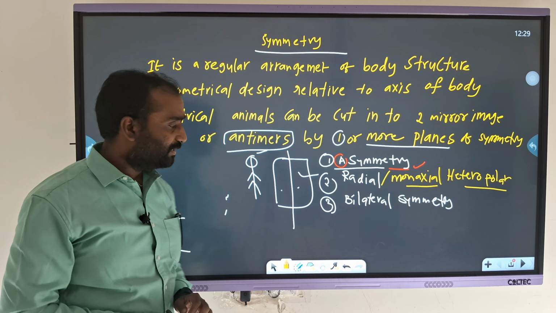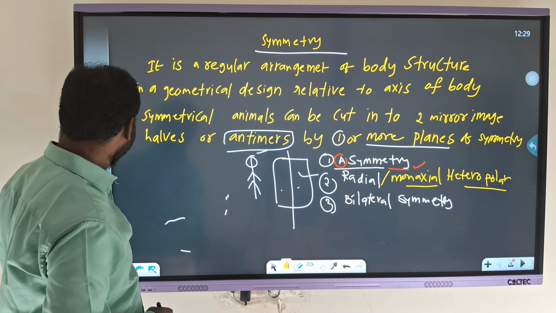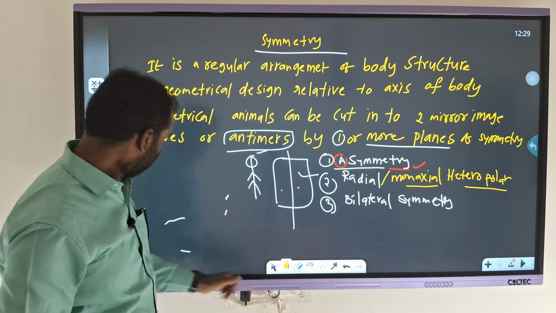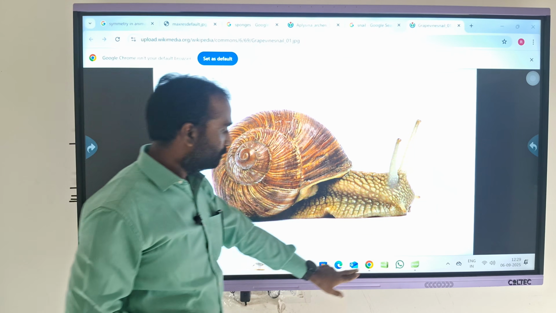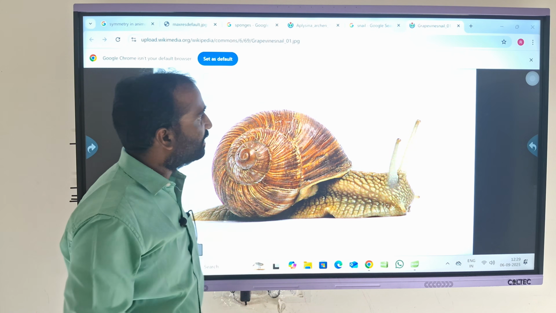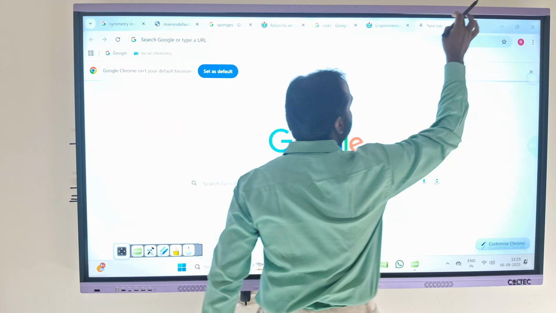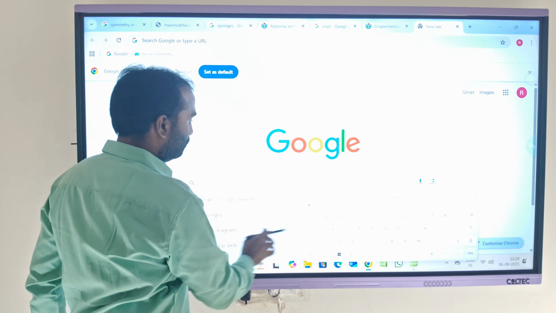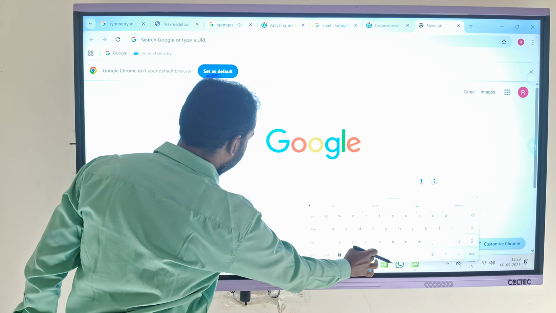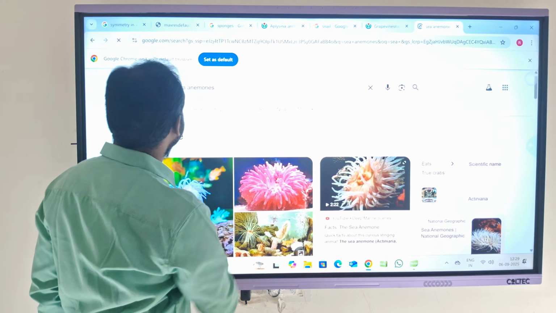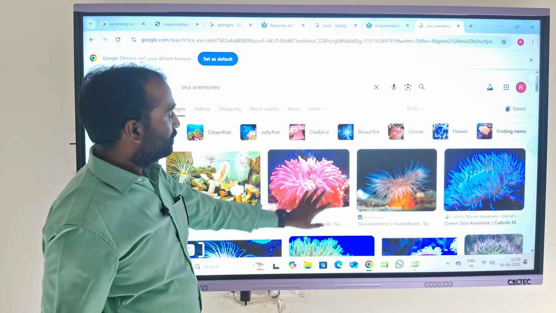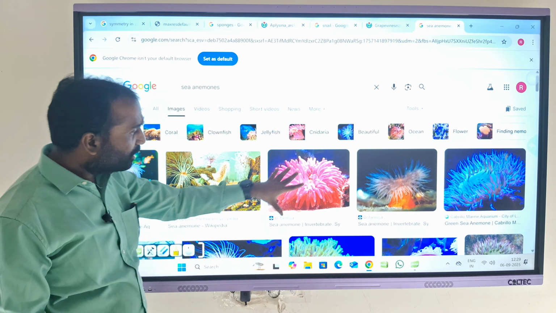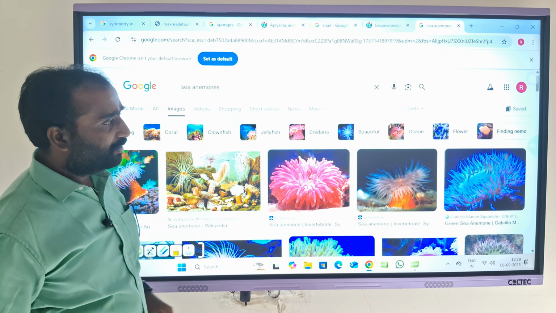So for this, an example of the organism is sea anemone. Yeah. So this is what? Sea anemone. Then how does the organism appear in a radial mode.